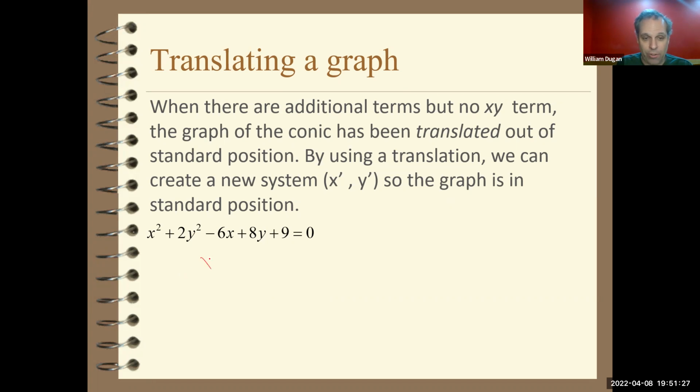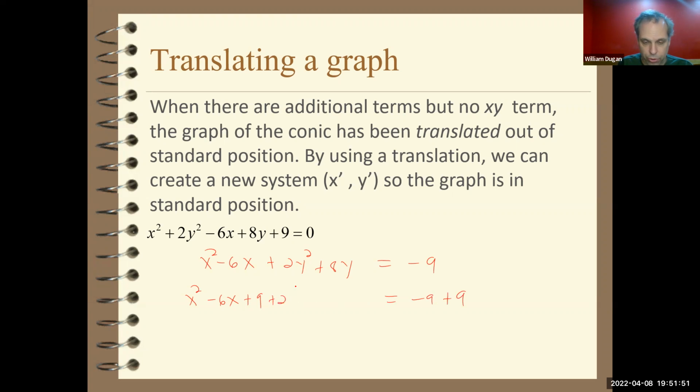Notice you can take this equation, group the x terms together, group the y terms together, and move the constant 9 to the other side by subtraction. I'll complete the square on the first term: take -6, halve it, and square it. I get 9. And I'll add 9 on both sides to balance things out.